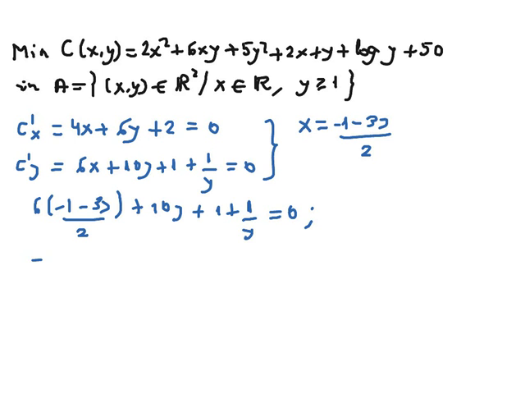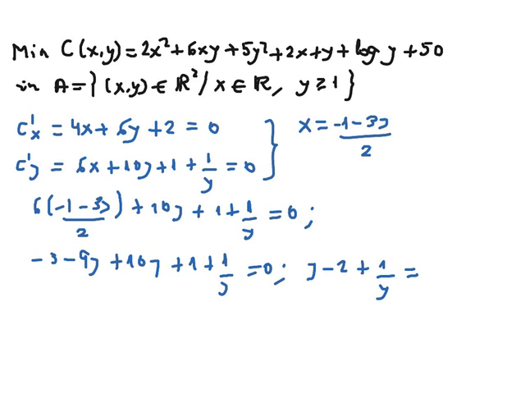So minus 3 minus 9y plus 10y plus 1 plus 1 over y is 0. So y minus 2 plus 1 over y is 0.